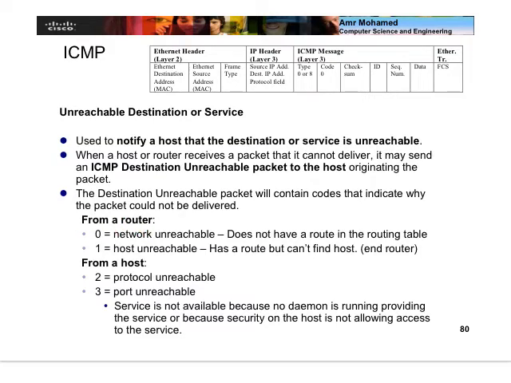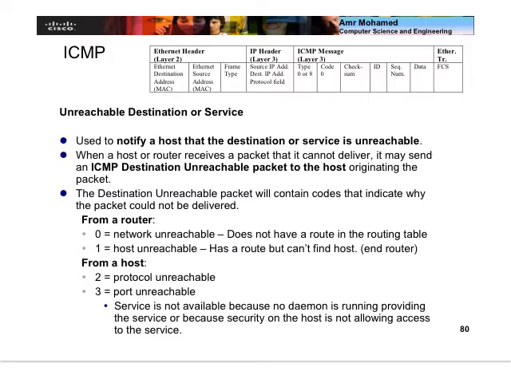If the reply came from the router, it would be a network unreachable, and that means that it does not have a route in the route table. So there are two possibilities here.